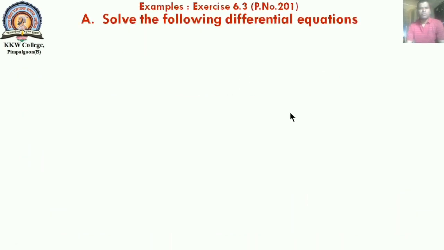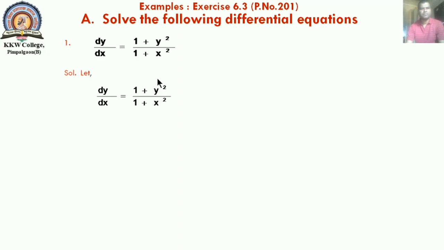Now we are going to solve the differential equation using the variable separable method from exercise 6.3. First example is dy by dx is equal to (1 plus y square) upon (1 plus x square).